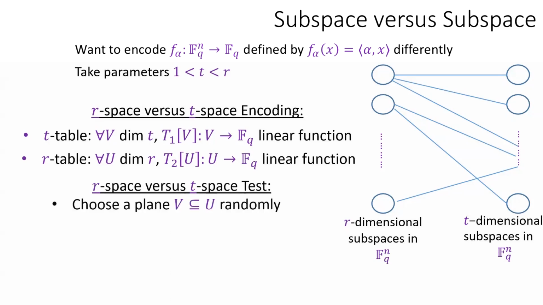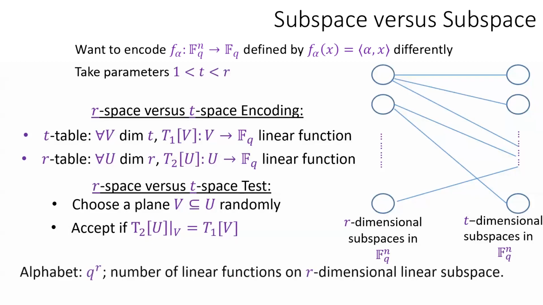You choose a T space uniformly. You choose an R space that contains it uniformly. And then you check that the restriction of the function of the R space to the T space agrees with the function of the T space. So let's count things. First of all, the alphabet size of this thing is q to the R, because there are q to the R many linear functions on an R-dimensional space. That's good.